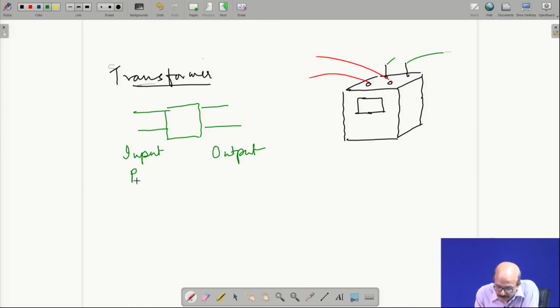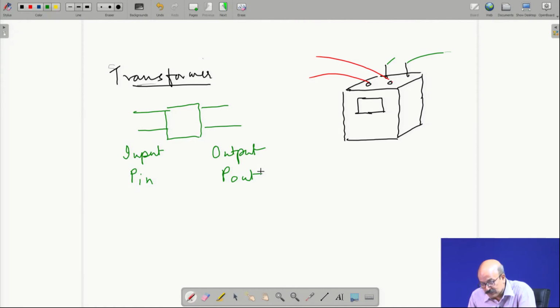So a transformer actually transforms electrical power at one voltage and current level to another voltage and current level. And in between you have electrical isolation.